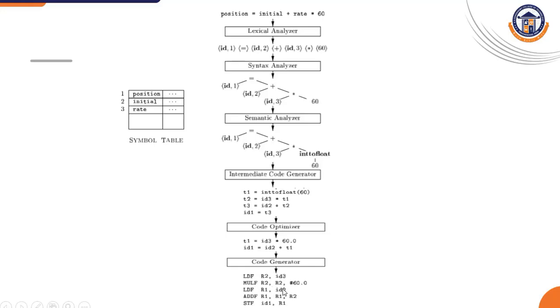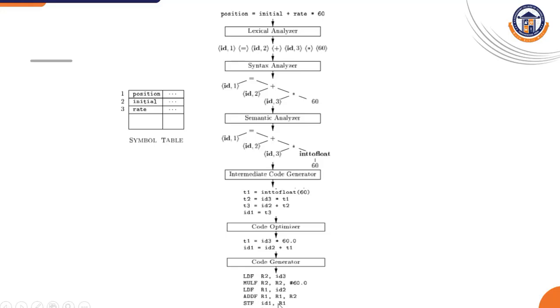Then id2 is loaded into R1. The id2 value is loaded into R1 by LDF. Then the contents of the R1 register and R2 register are added to perform id2 plus T1, and the result is moved to R1. This is implemented by the instruction ADDF.